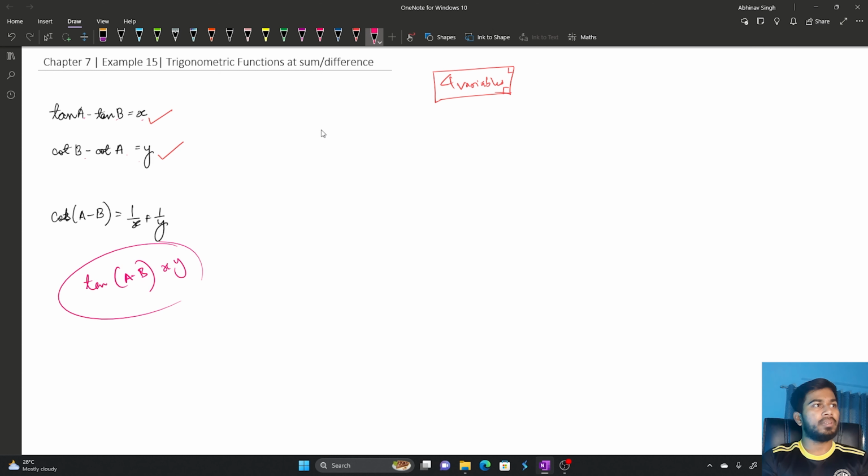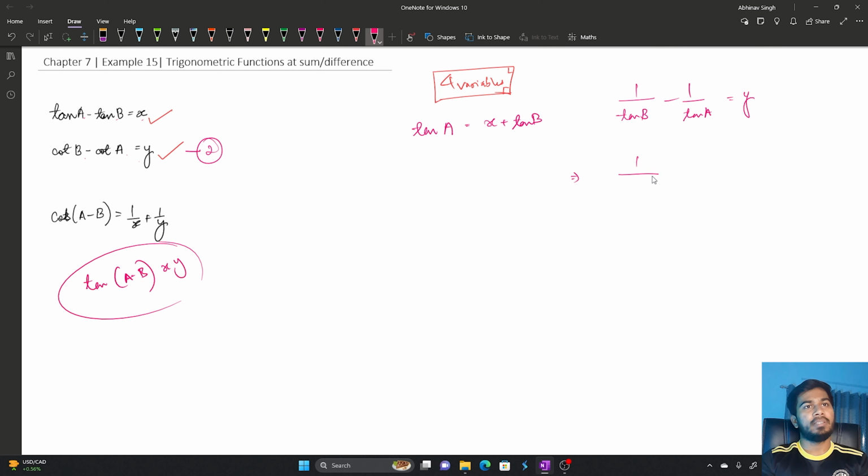Instead, let's expand equation number 2. From equation 1 we can write the value of tan a as x plus tan b, right?